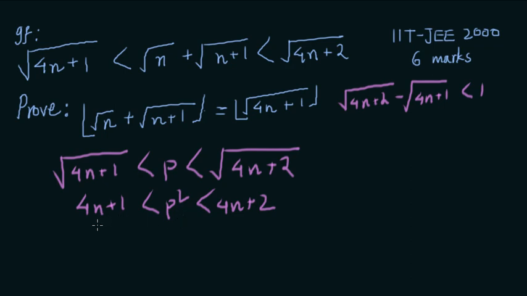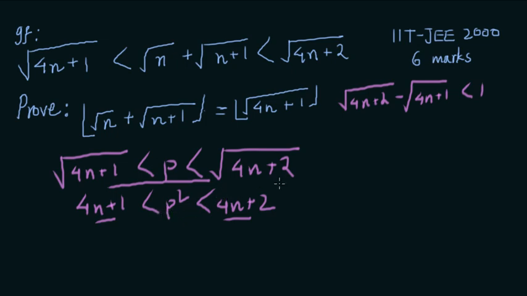But these two have a difference of less than 1 and both of them are integers. So if two integers have a difference of less than 1, can there be another integer in between? No, right? So even these two roots cannot have any integer in between them, because if they had an integer in between, then these two would also have an integer in between, which we just showed to be impossible, right?